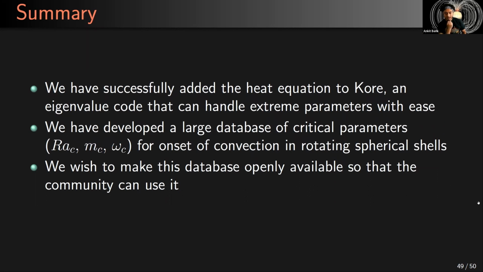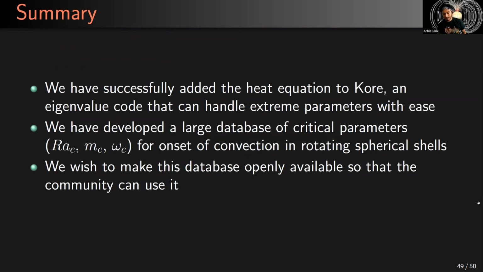Now, in summary, apologies for the rather short talk, but I'm hoping we can have more discussions about these behaviors. But in summary, we have successfully added the heat equation to this eigenvalue code, which is very versatile and can handle quite extreme parameters with relative ease.